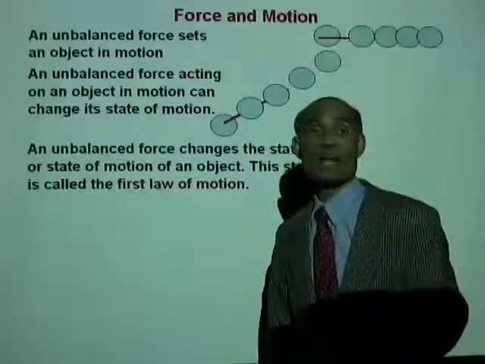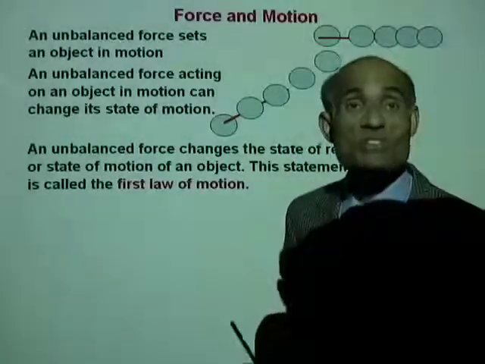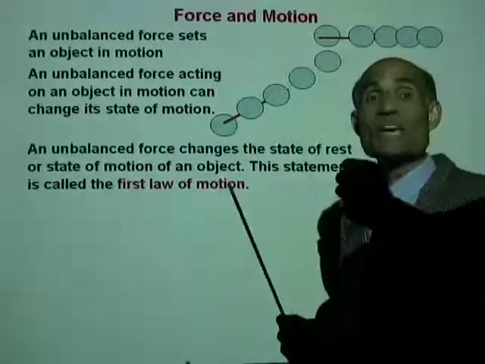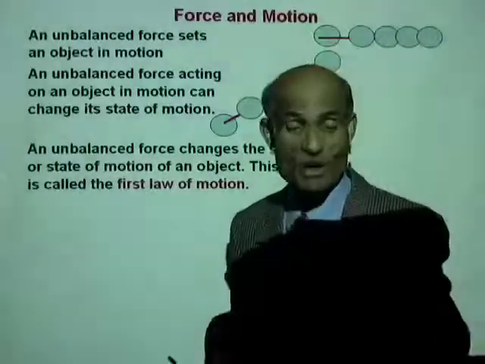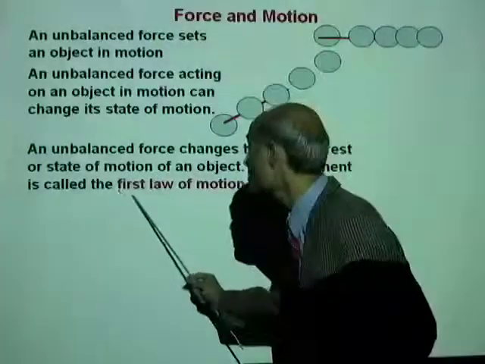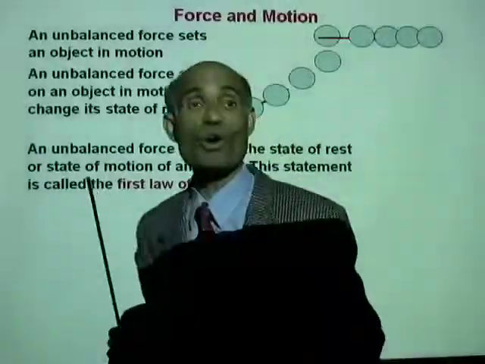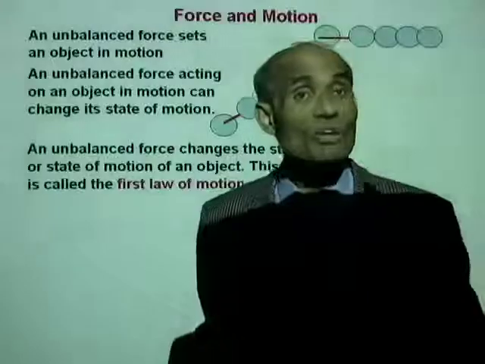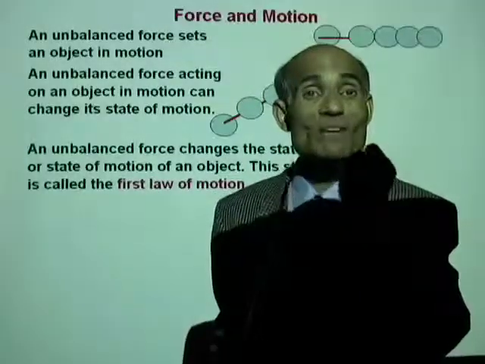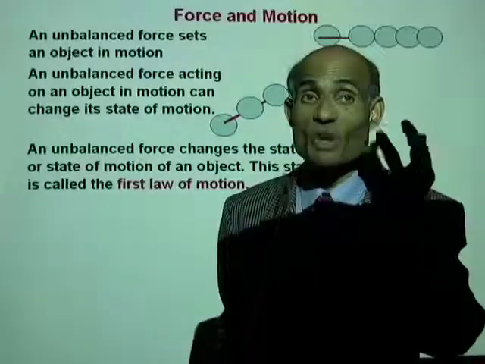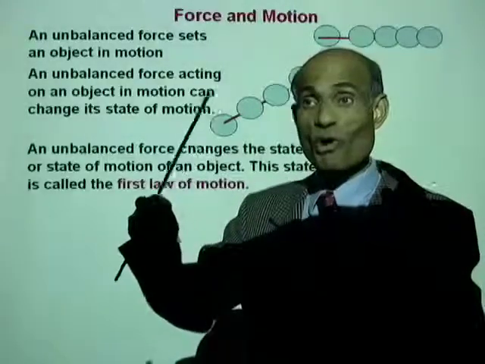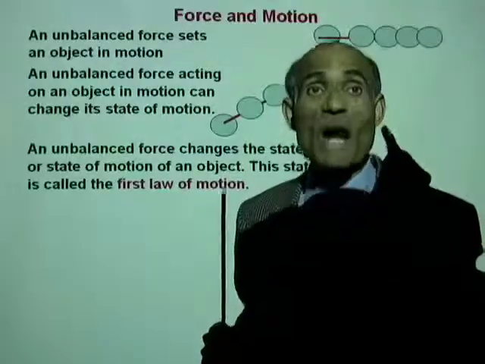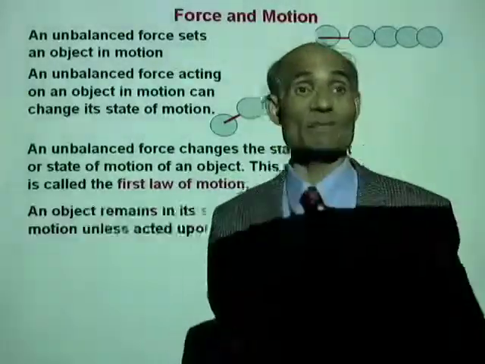Alright, so an unbalanced force changes the state of rest of an object or it changes the state of motion of an object. And this statement is called the first law of motion. So how can you define the first law of motion? We can say an object will remain in its state of rest or in a state of uniform motion unless an external unbalanced force acts on it.